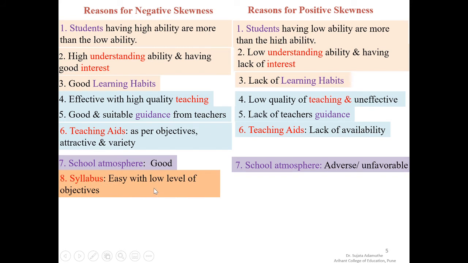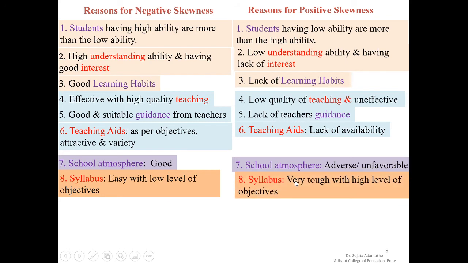Suppose the syllabus is at a low level of objectives. For example, for 8th standard students, the syllabus is as easy as the level of 5th standard students. If we give the test on that syllabus, the students will get good scores in that subject, and we will observe the negative skewness there.